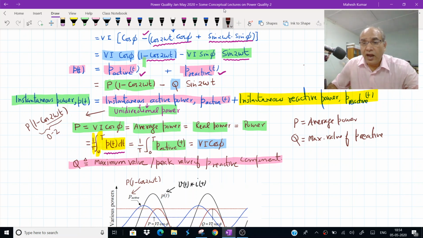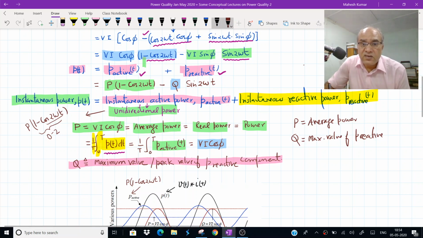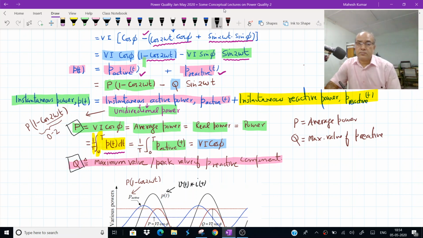This is not an average value of anything. This is the peak value of the second term, that is VI sin phi into sin 2 omega t. So VI sin phi is the peak value of the sin 2 omega t term. First thing to remember, the way they are defined is entirely different. You may be thinking that Q is perhaps the average value of something. It is not. This is the maximum value of the P reactive component, and P is, of course, the average value of the P active component. So this is the difference between the P and Q definitions.